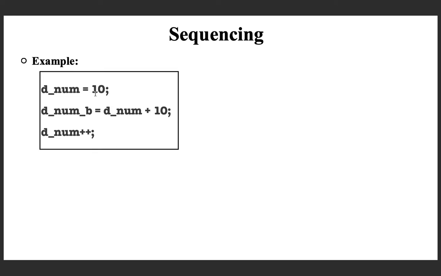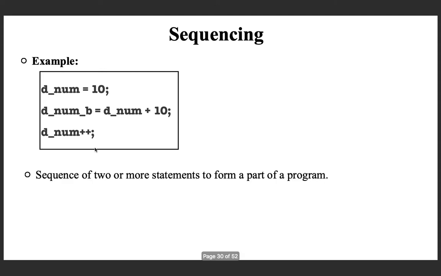What we did is we just put three expression statements together in some order, and that is what is called sequencing, just writing a finite sequence of statements in the C language. So a sequence of two or more statements to form a part of the program is what is called sequencing.